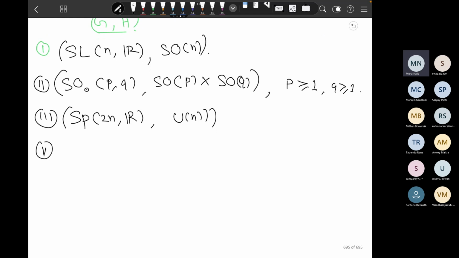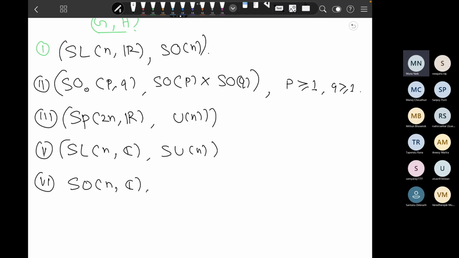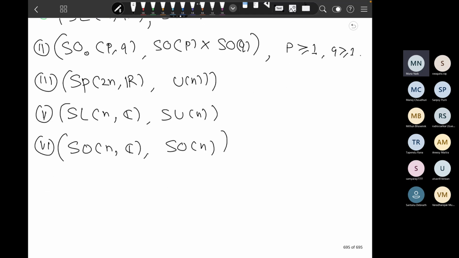And this is really SLnC, SUn. So VI is SOnC, SOn. V double I is SP2n comma C, really SPn.